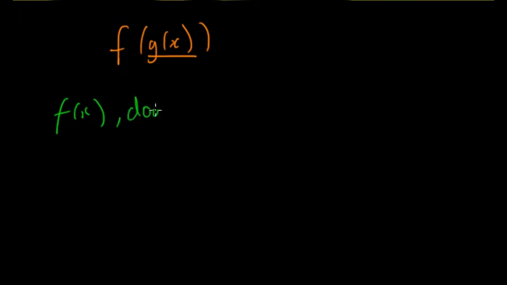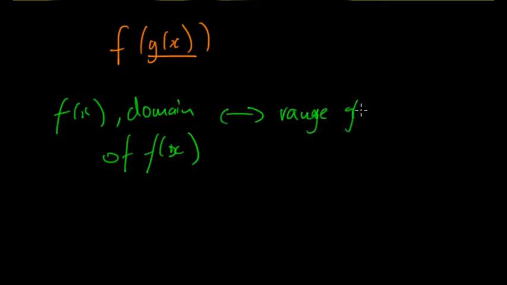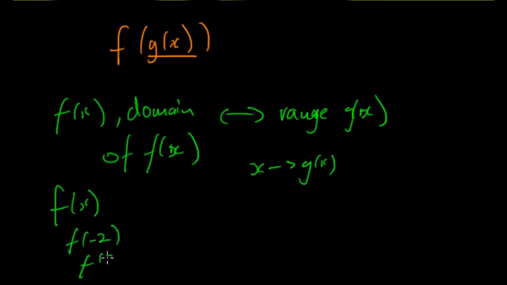So looking at the domain of f(x), then the domain of f(x) has to relate to the range of g(x). And the reason for this is that the domain of f(x) is in reference to x. However, now we've replaced x with g(x). So before, when we looked at f(x), we looked at, let's say, f(-2), f(3), and that's when x is equal to -2, x is equal to 3.